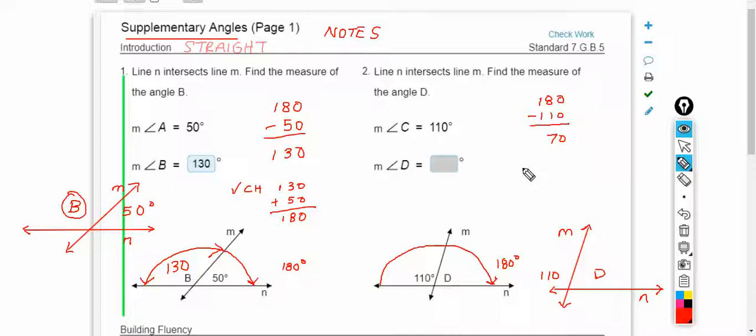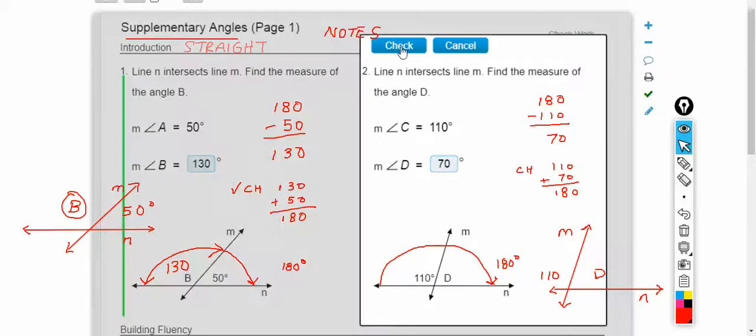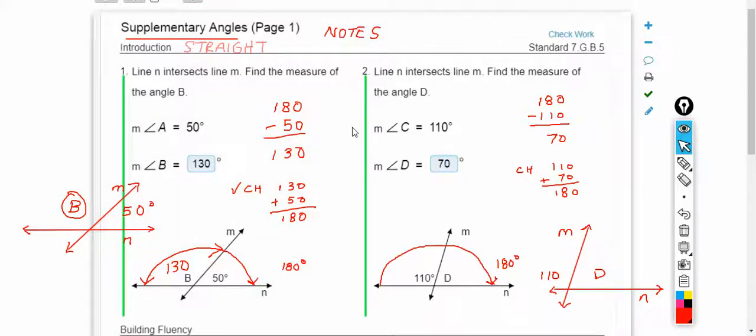And we can check it by adding 110 plus 70, and that gives us 180. So that lets us know that that makes sense. So right here our angle is 70. And we can check that. Alright, looks good.